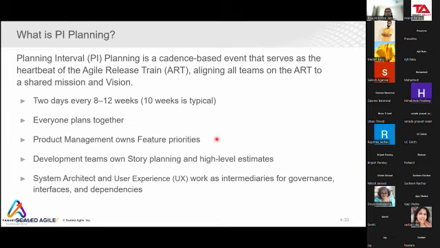They work as intermediaries for governance, interface, and dependency. They circulate together, work with all the teams and share their time with all the teams, and help them by providing the system architecture or the user experience that is required for the work. Any question here?